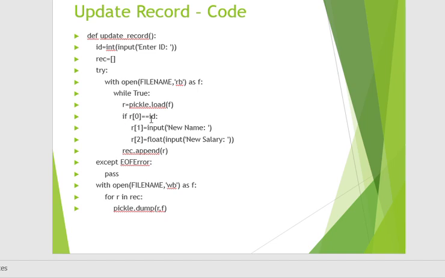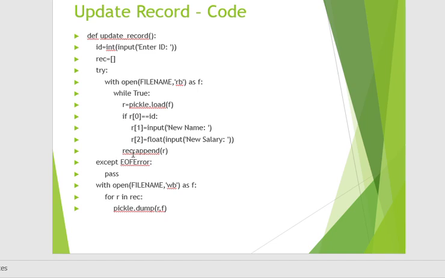If r[0] equals the id, the id which we are planning to update, then whatever you enter will be stored: r[1] will have the name of the employee which you want to change, and r[2] will have the salary of the employee which you want to change.